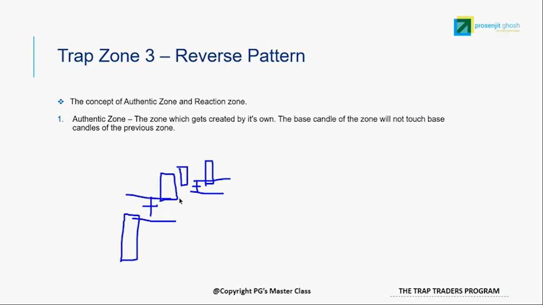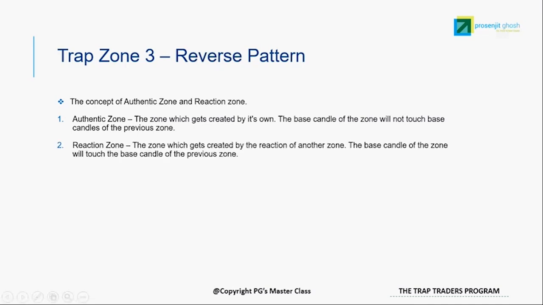In this case, this demand is the previous zone. If I'm talking about demands, then I need to look for demands only, not supplies. When the base candle is not touching the previous zone's base candle, then we call it an authentic zone.